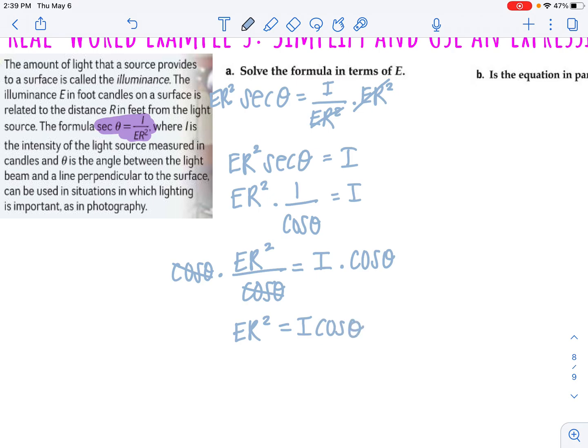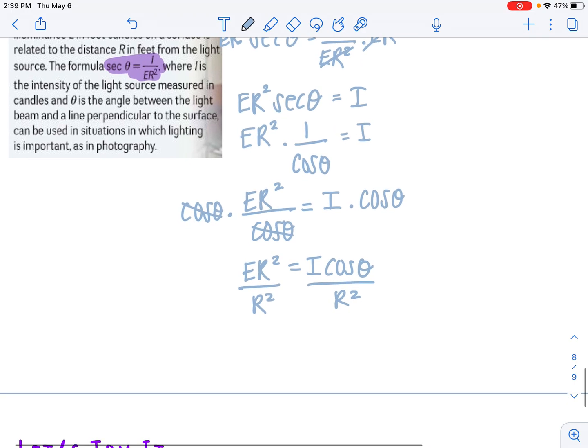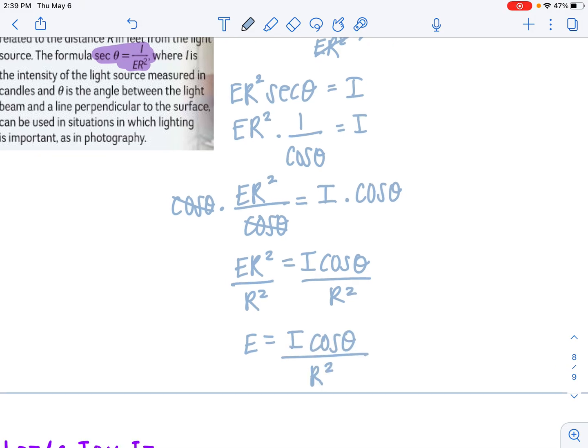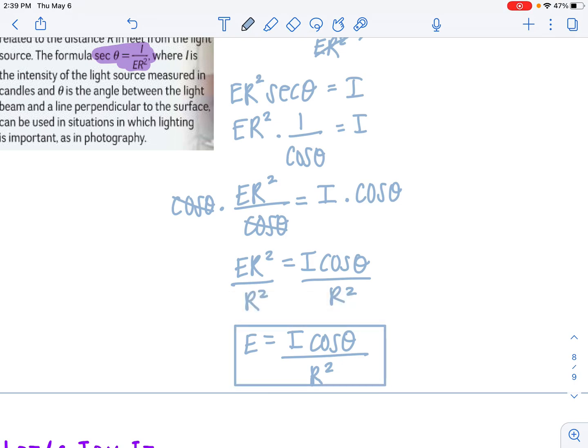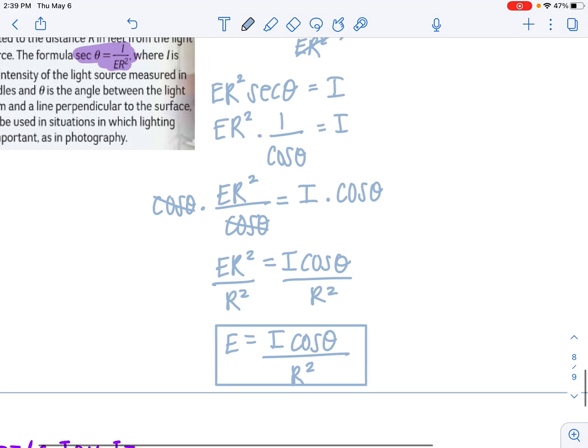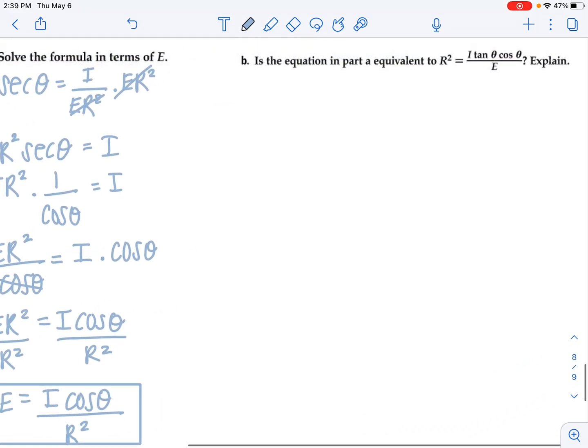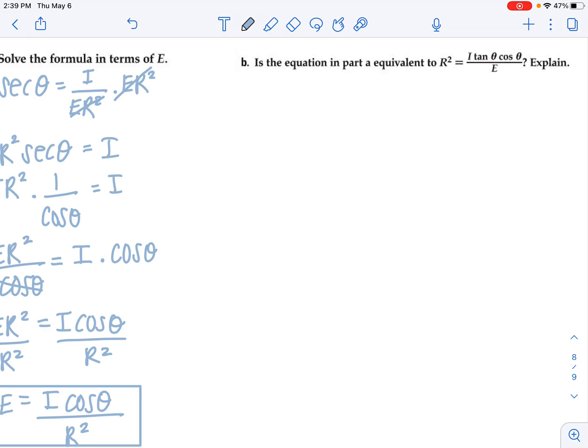We are left with ER squared equals I cosine of theta. Then to isolate the E, we will divide by R squared, and we get E equals I cosine of theta over R squared. And that is our final answer for how to isolate the E.